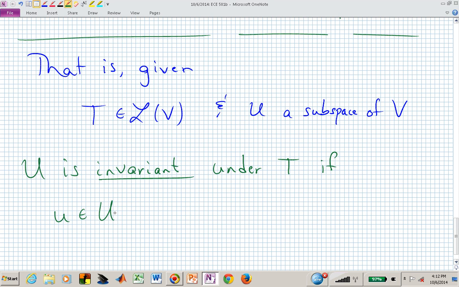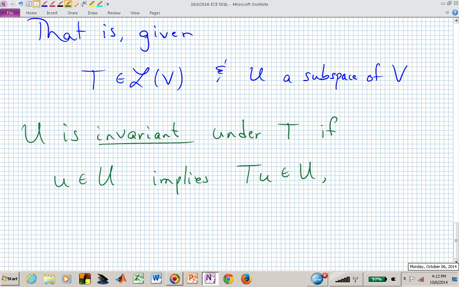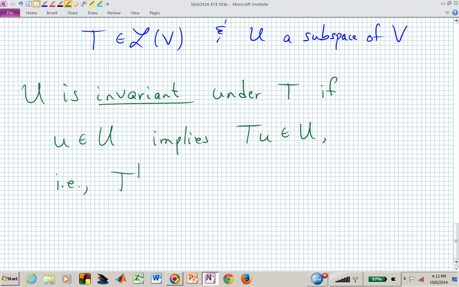Let's say little u belongs to the subspace capital U. Then that implies that the linear map applied to that vector u also lives in the subspace U. And the book uses some notation.